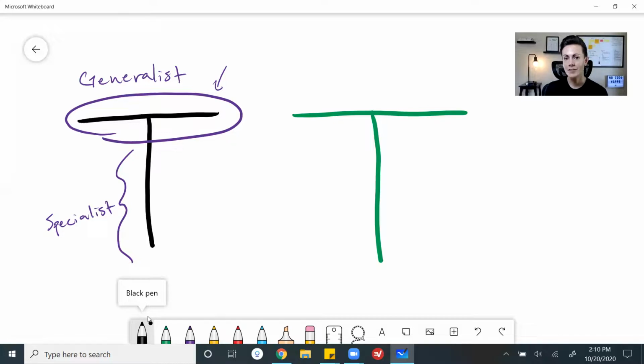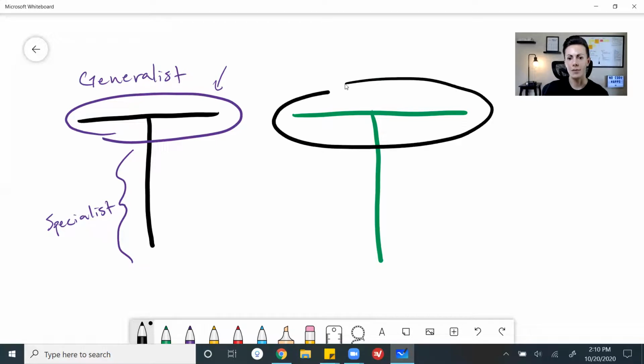So these specific people, these business owners, these industry experts, you can think of them as being at the top of this T. Now, this is ideally where we like for people to start when they're building their apps. Now, again, you don't have to be building an app for your own business or for the industry you work in. You can still develop an expertise as a consumer. The point is that you have that wide range of knowledge.